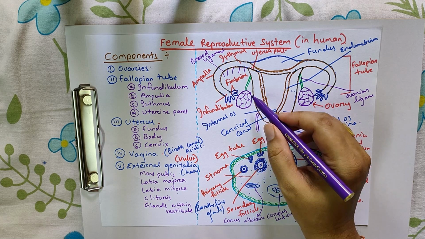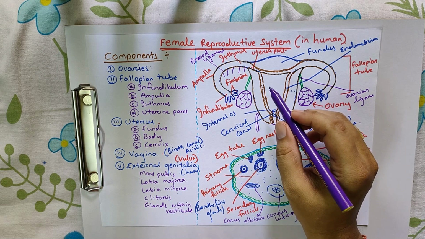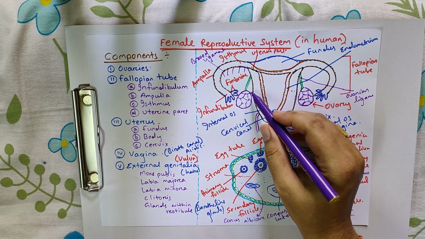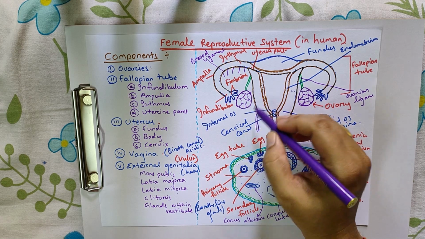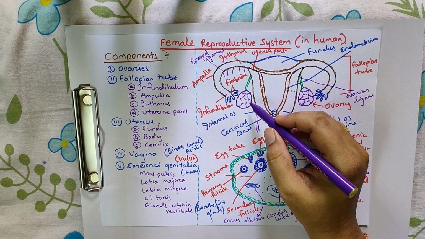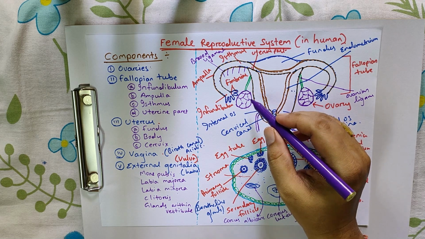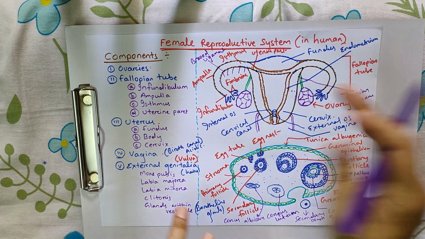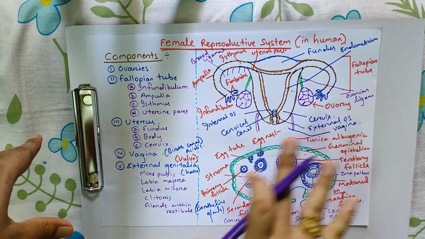The connection of the ovary with the abdominal wall is called the mesovarium.